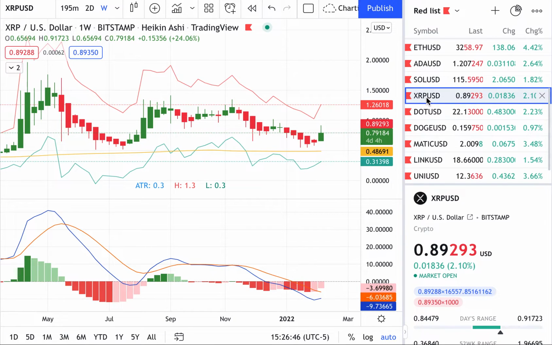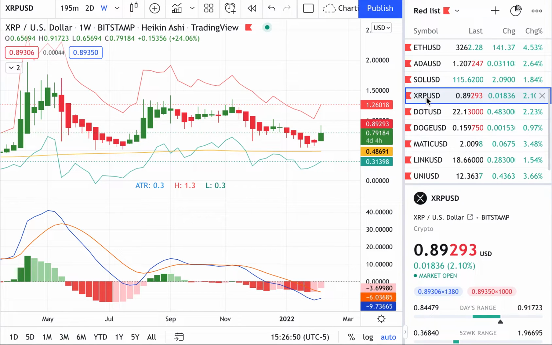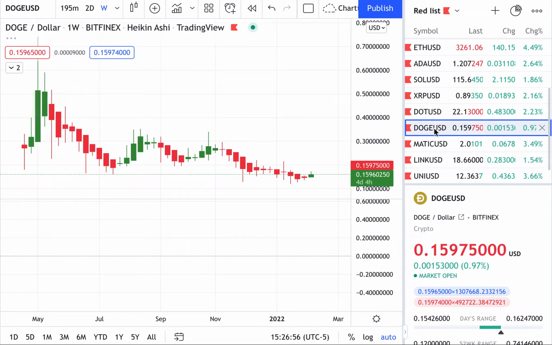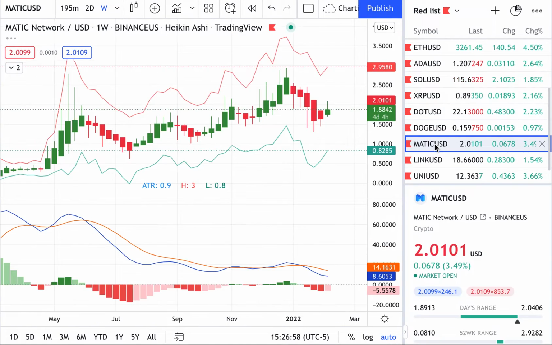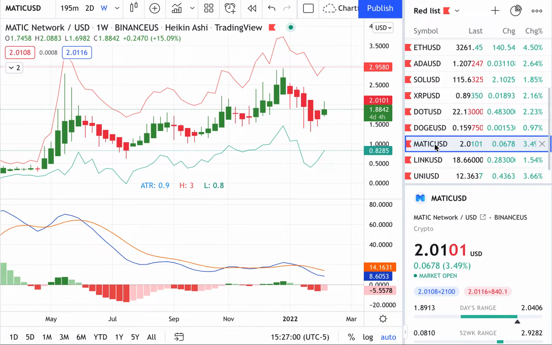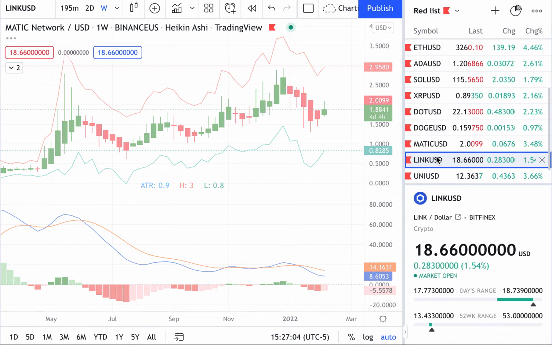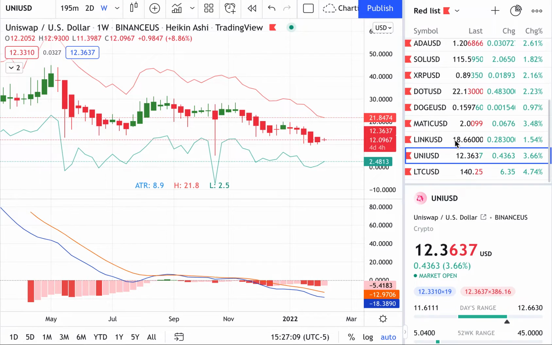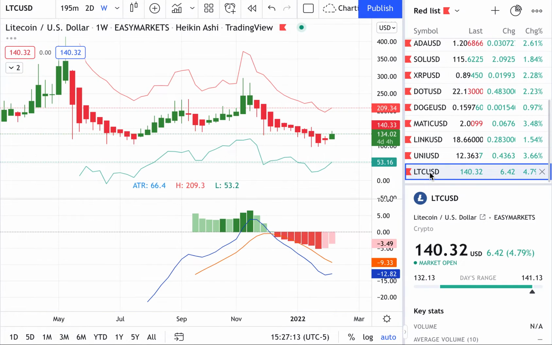You look at Ripple, I believe is what XRP is. Of course, you've got Polkadot there. You've got Doge. You've got Matic here. You've got Link here. You've got Uniswap, and then last, Litecoin.